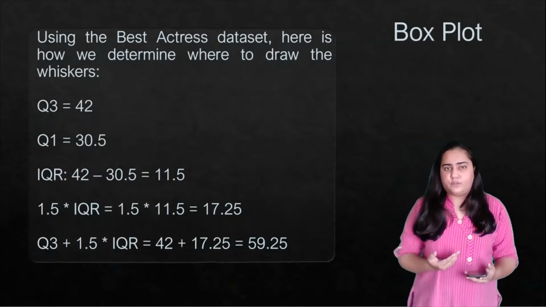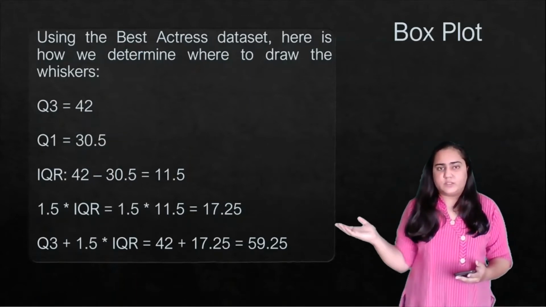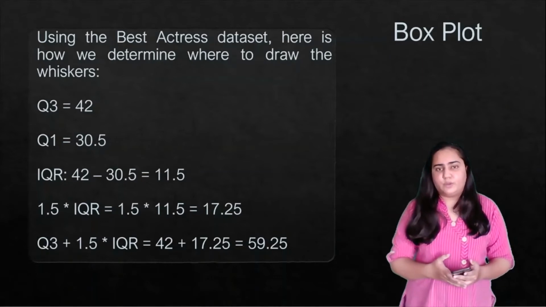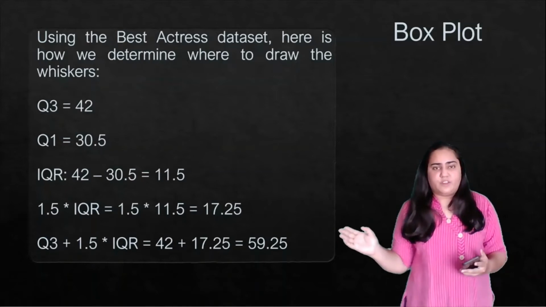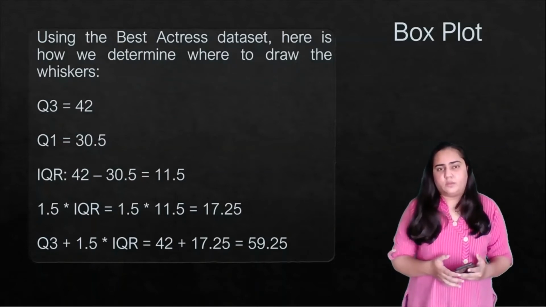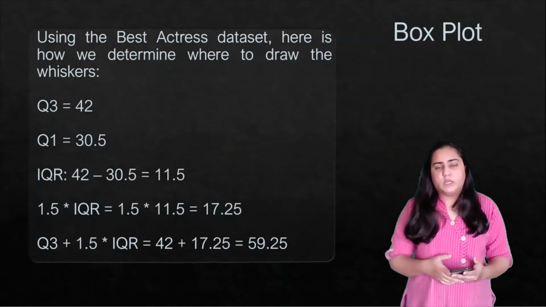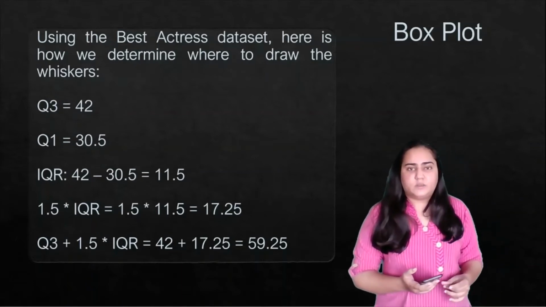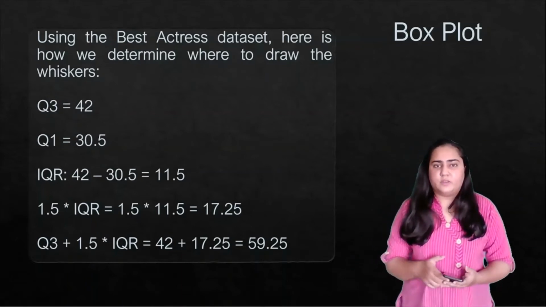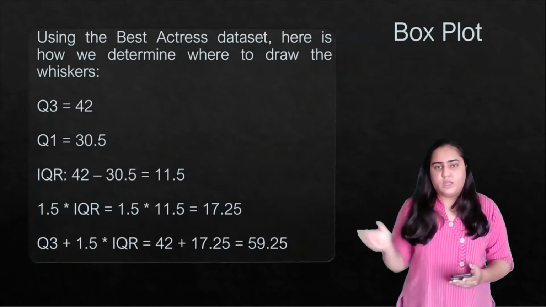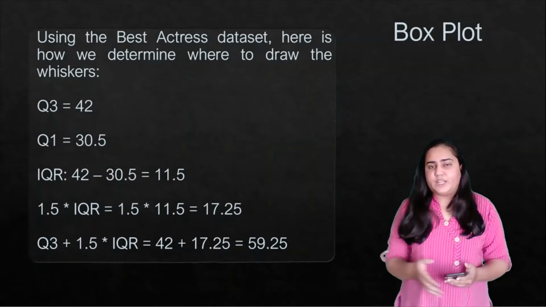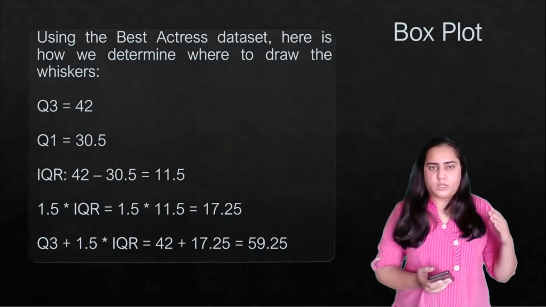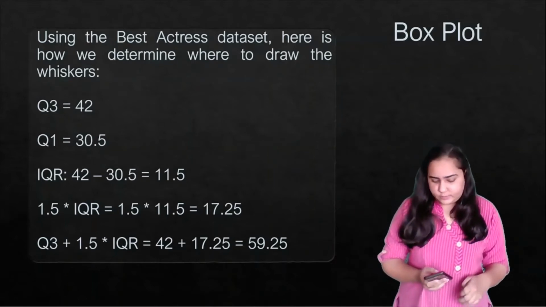The interquartile range IQR is 42 minus 30.5, which came up to 11.5. Then we are also going to use the 1.5 criterion to show what outliers are present. Using that 1.5 criterion, we have the values 17.25 and 59.26, which are the 2 values for our 1.5 criterion.